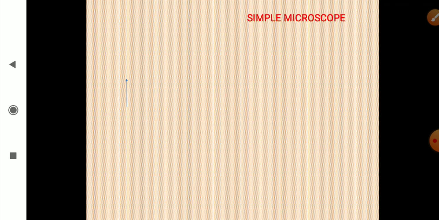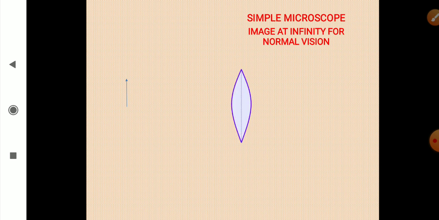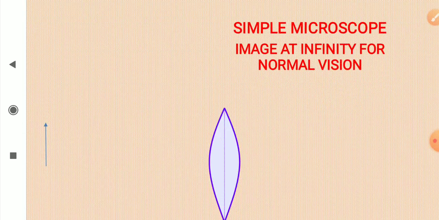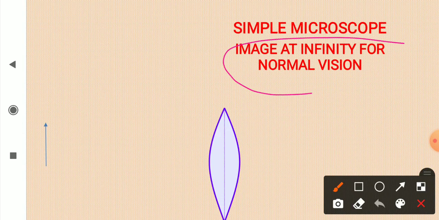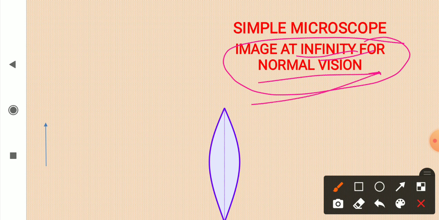So now let us move to the next situation, simple microscope, when the image is formed at infinity, and let me discuss this first, see. When the image is formed at infinity, it is also called normal vision. Why normal vision?